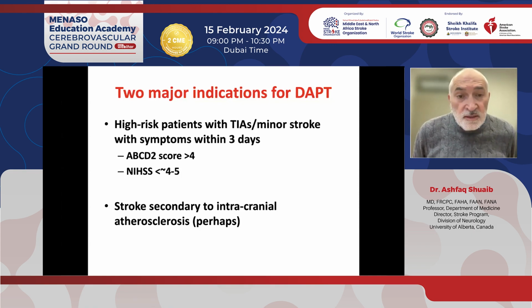I've told you what that is, and an NIHSS of less than 4 or 5, because patients with bigger strokes could be at increased risk of bleeding from dual antiplatelets. We also tend to use it fairly commonly in patients with intracranial atherosclerosis lacking heart clinical data.